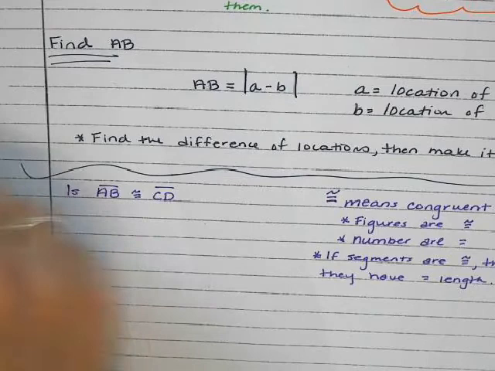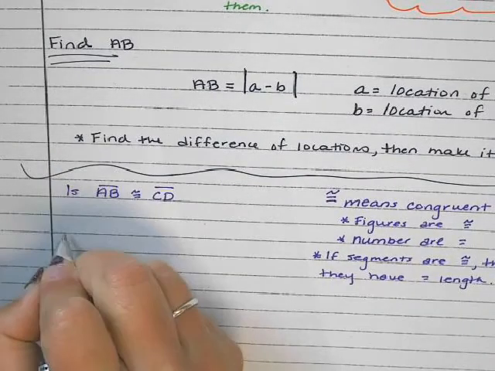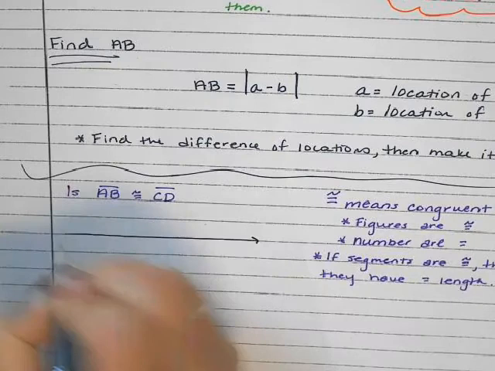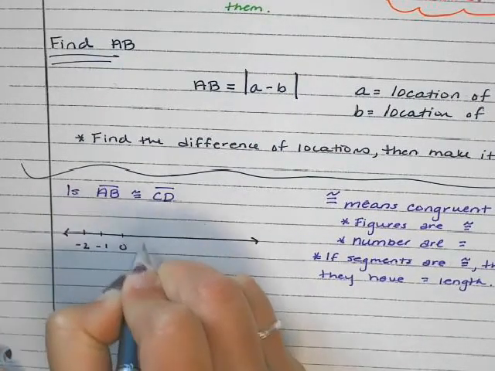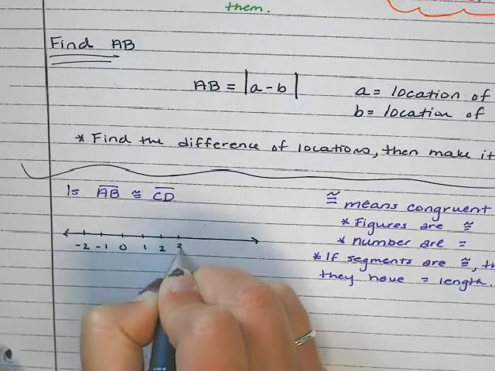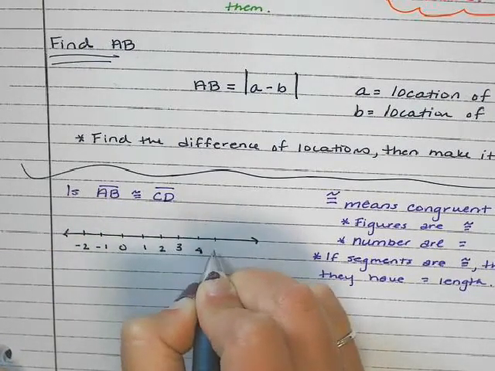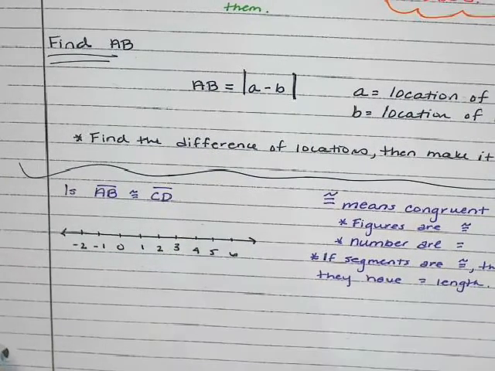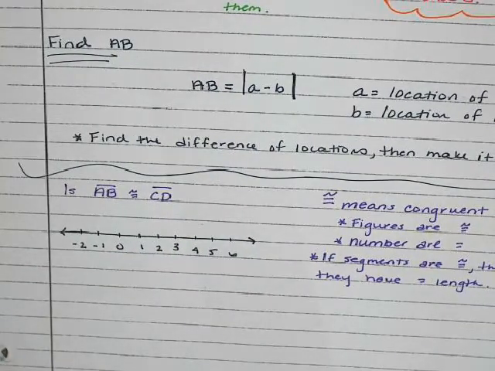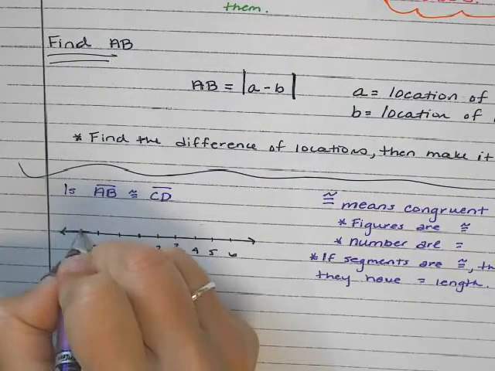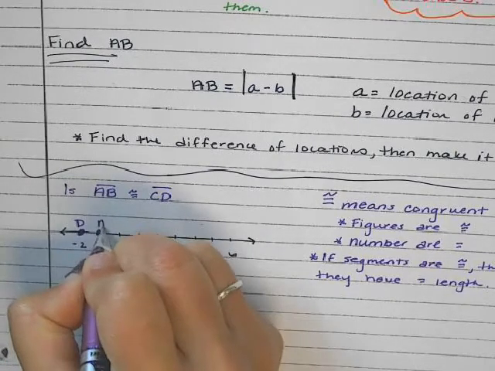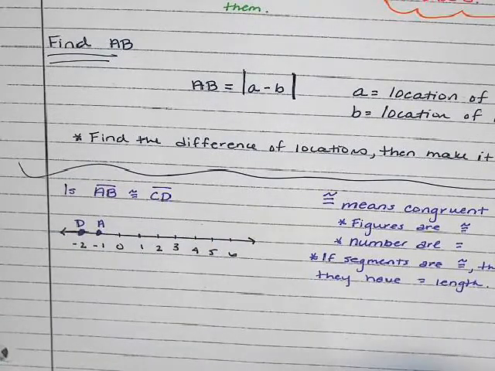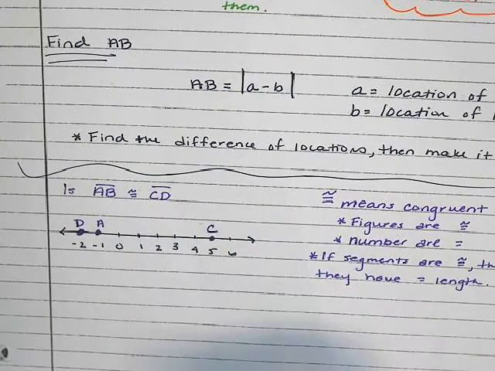All right, so let's try this. Let me actually show you the diagram that was given with this problem. So this was the problem that was given. Here's a number line, and then we'll have some points on there. -2 is where point D is. -1 is where A is. 5 is where C is located.